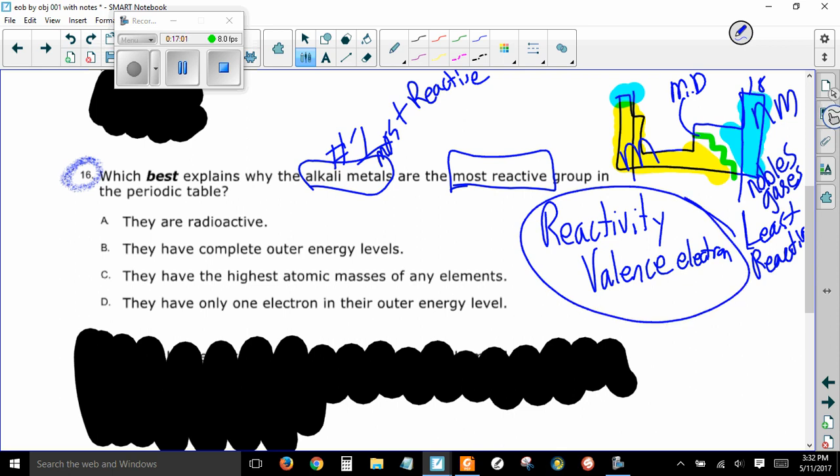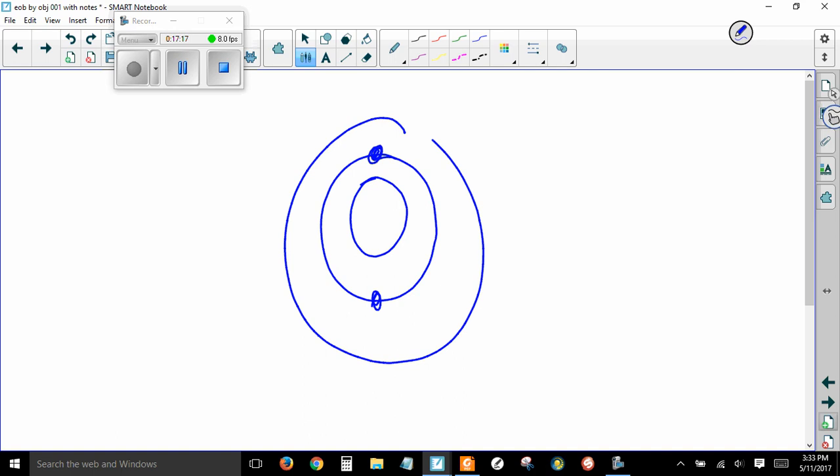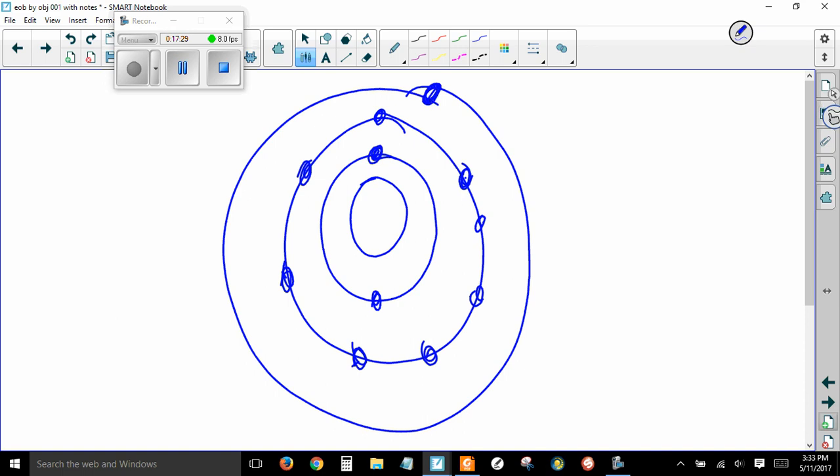Okay, those go in the same bubble together. Generally, an atom wants to have 8 electrons in its outer shell. So if you're something like sodium, you have 2 in the first shell, and then you have 8 in the second shell. 1, 2, 3, 4, 5, 6, 7, 8. And then you have 1 more in the outermost shell.